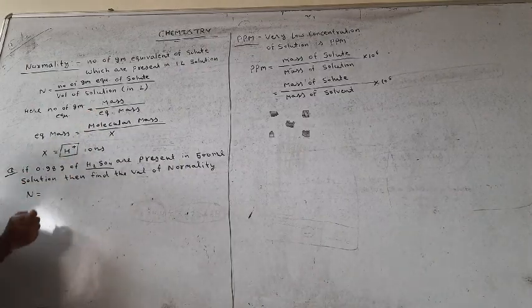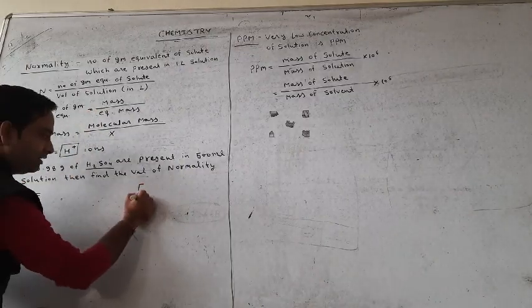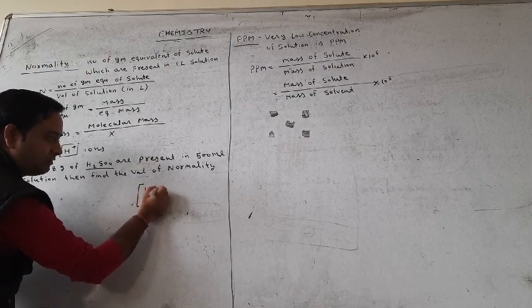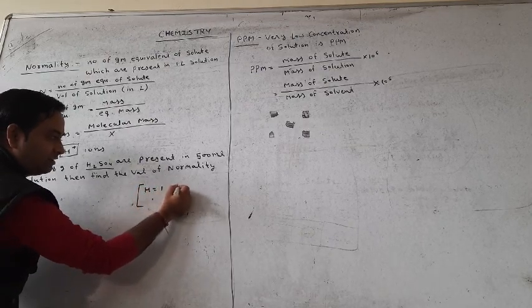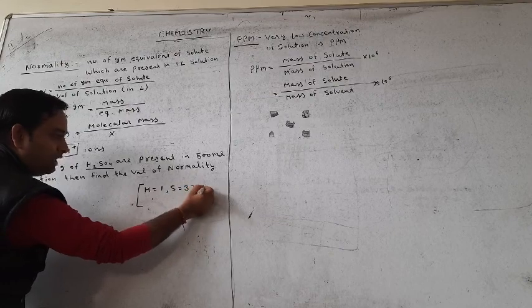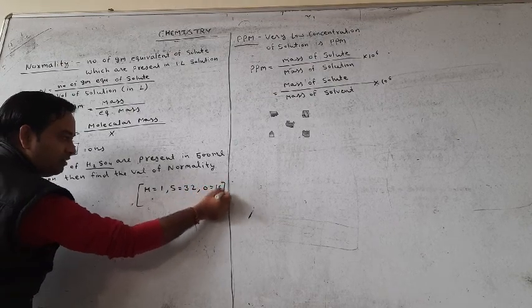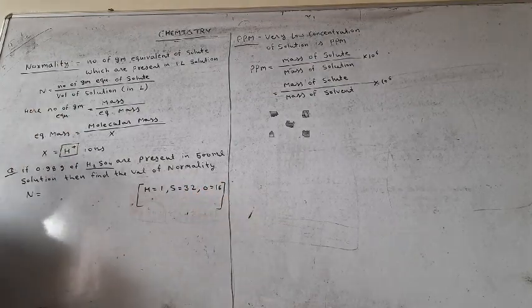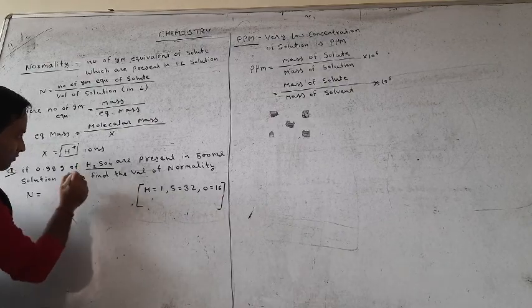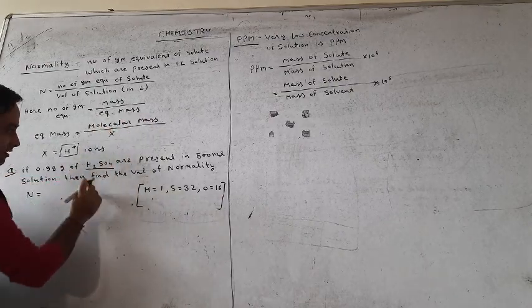What is the molecular mass? As we know, H is 1, S is 32 and O is 16.